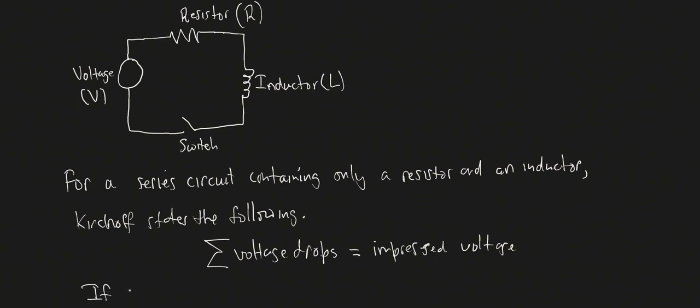So if I(t) represents the current at time t, I'm again emphasizing that the object of our interest here is the current, and it is a function of time, and we're going to use little i to represent the current in this case.